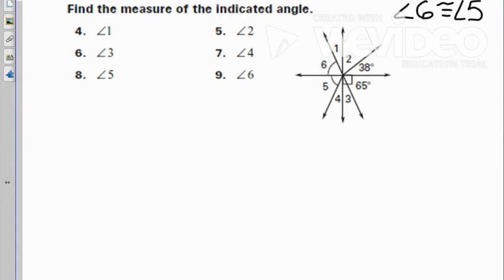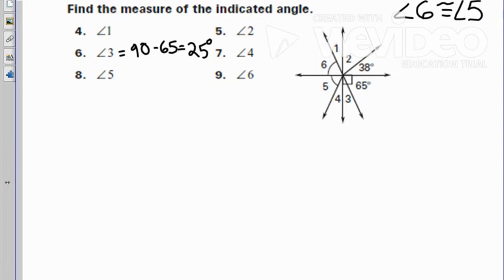So we know that angle 3 is going to equal 90 minus 65. If we subtract that, we should get 25 degrees. So angle 3 is 25 degrees.